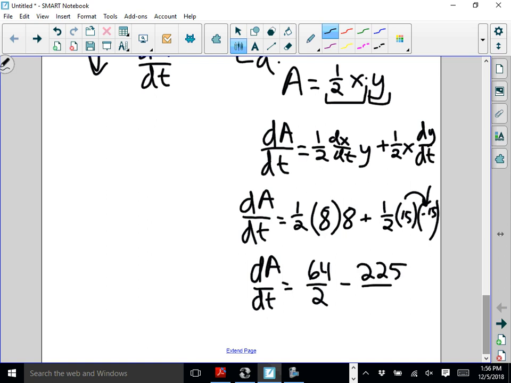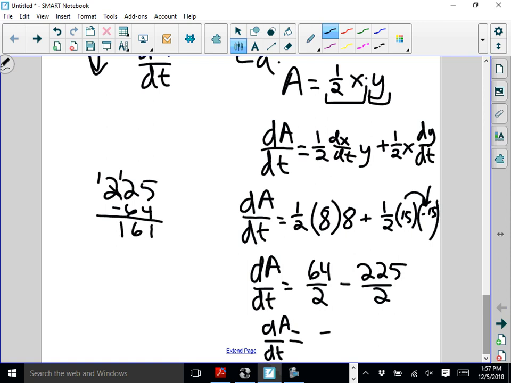Now, when I look at that, 64 minus 225, I know dA/dt now is going to be negative. And 64 minus 225, well, I'll flip it around and do 225 minus 64. 161. So I get negative 161 over 2.